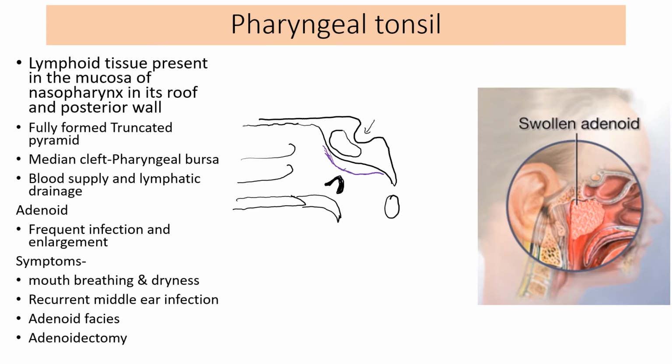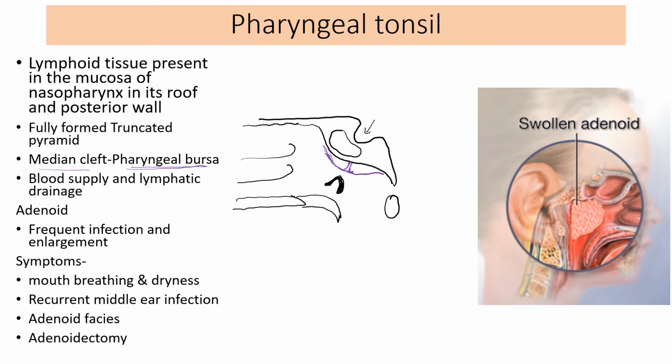There is a midline recess extending deeper into the substance. This is called as the median recess or median cleft or the pharyngeal bursa. The space which is extending deeper is called as pharyngeal bursa, and it represents the rostral end of the embryonic notochord.